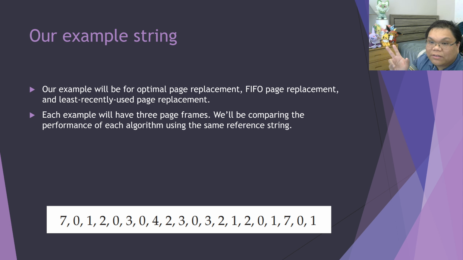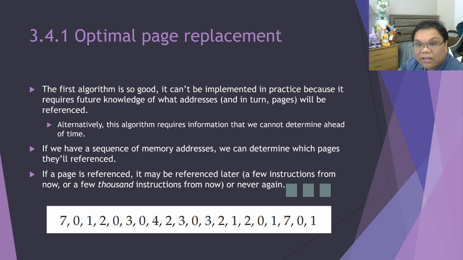Maybe I'll give you the Cliff Notes version of all the others as well. The first one is called optimal page replacement, often abbreviated as OPT. This algorithm is so good that we can't implement it in practice because we require future knowledge of how it's going to perform. Alternatively, this algorithm requires information that we cannot determine ahead of time.